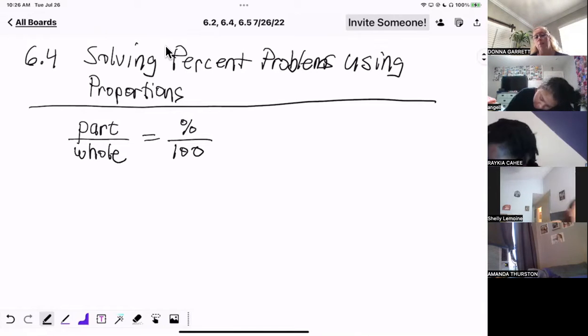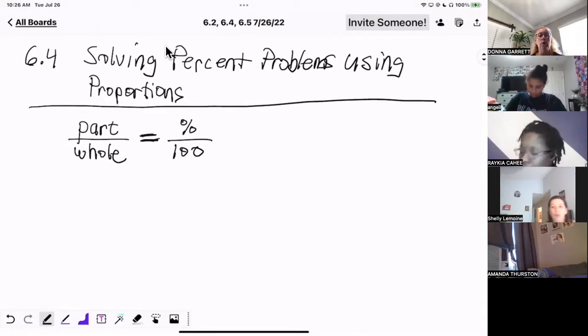You might be asked to find the part, or the whole. We're going to practice all different ways. The biggest thing to remember is you can only do this cross multiplying if it's an equal sign. I see a lot of students start multiplying everything across. This is only for proportions that have an equal sign.